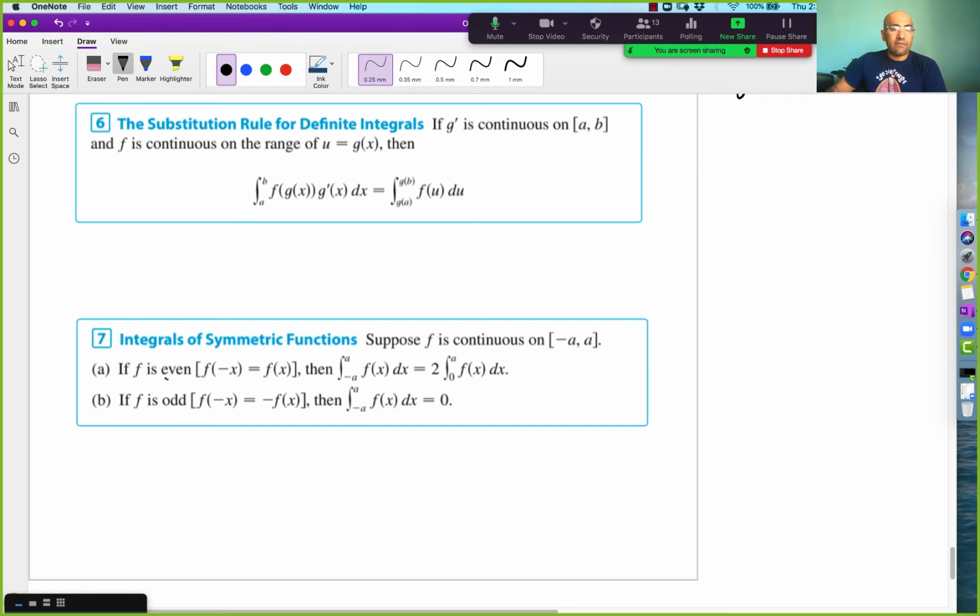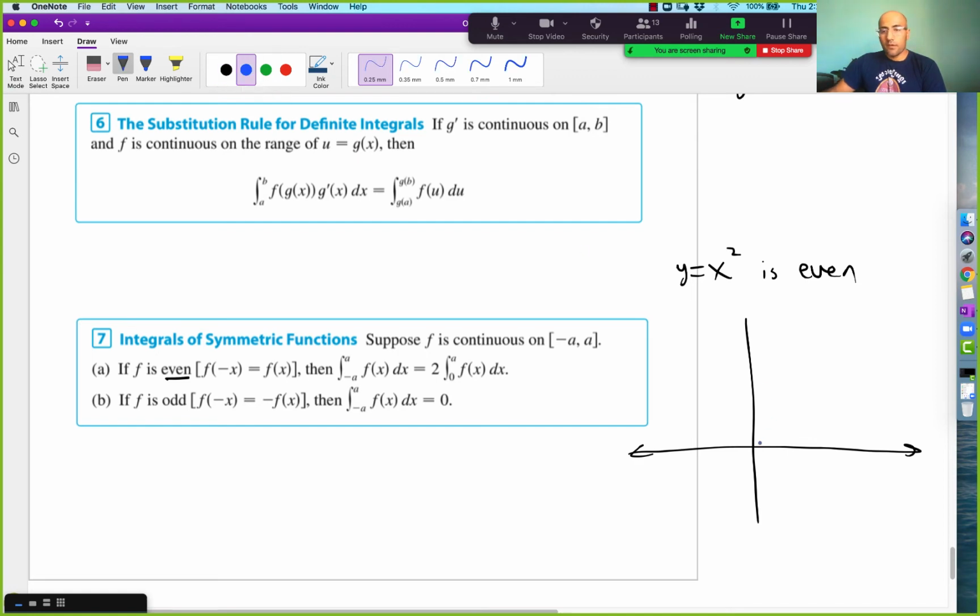It's for any even function, but a classic even function is just x squared. So if you think about that function, this guy goes that way, and this guy goes that way. And we have a y there and an x there, and we have values from negative a to positive a.